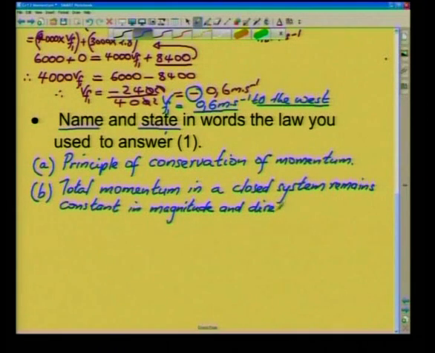So it remains constant in both magnitude and direction.